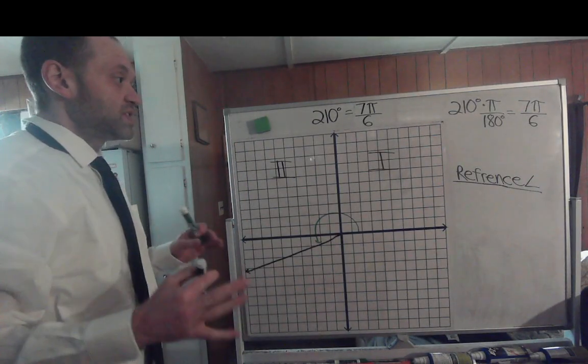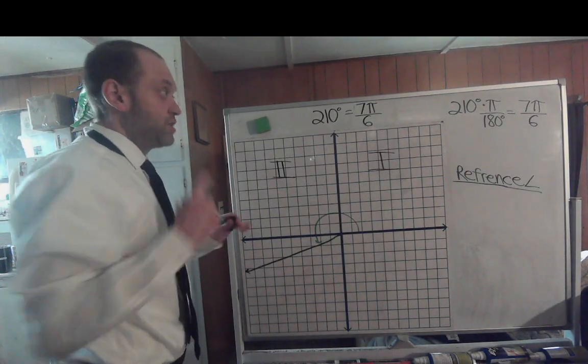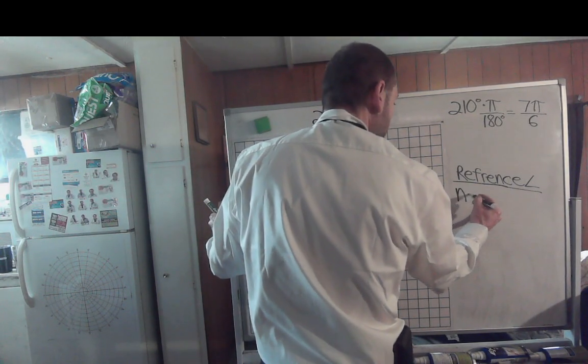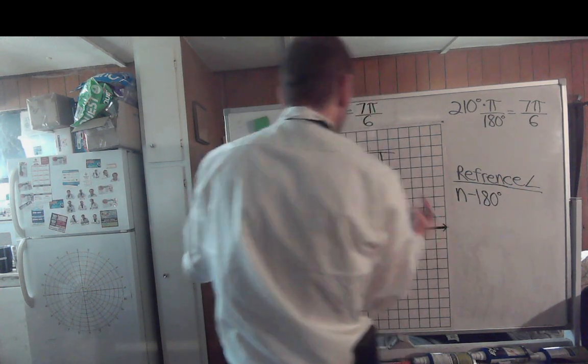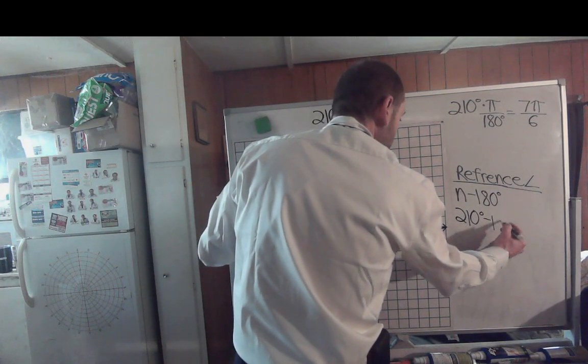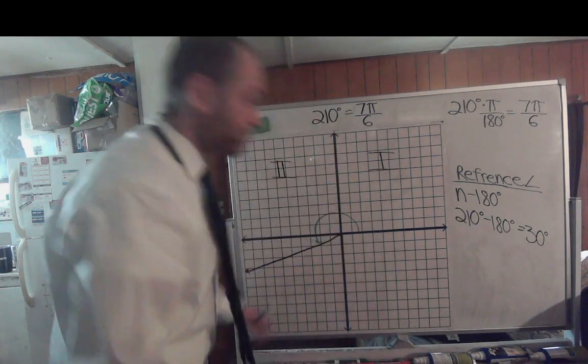Now, a reference angle in the third quadrant is going to be, you take your actual angle, so this time you take your actual angle minus 180. So we have 210 degrees minus 180, because 210 is greater than 180, you'll just have a reference angle of 30 degrees.